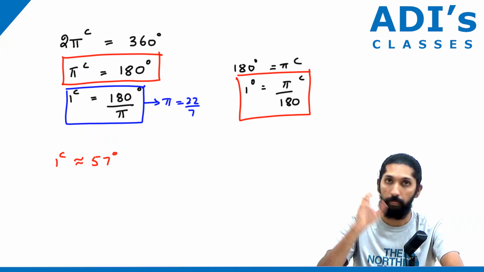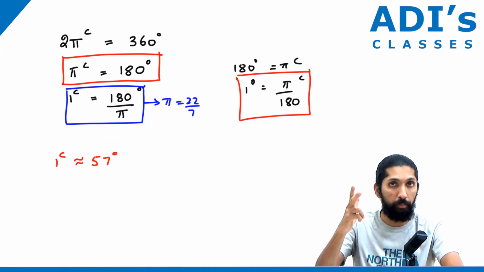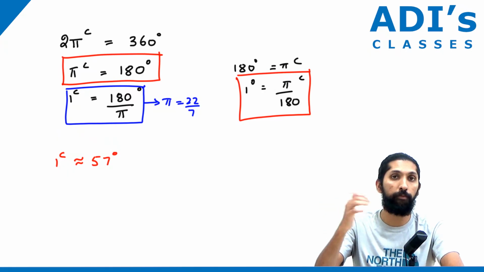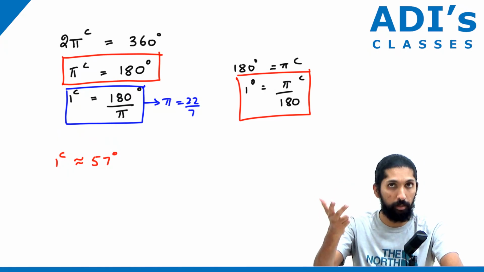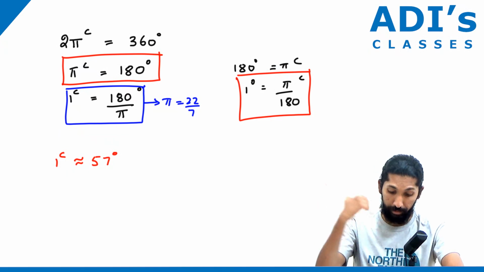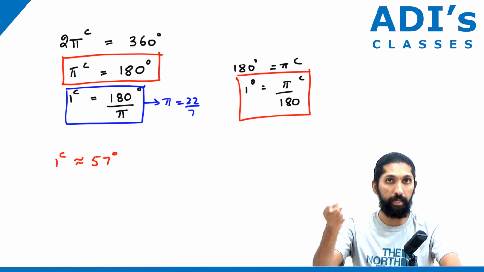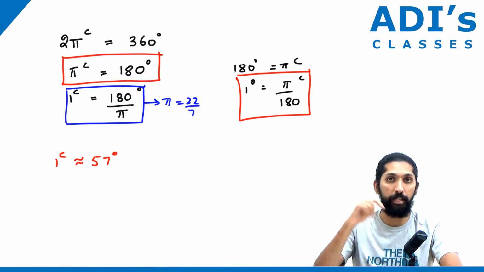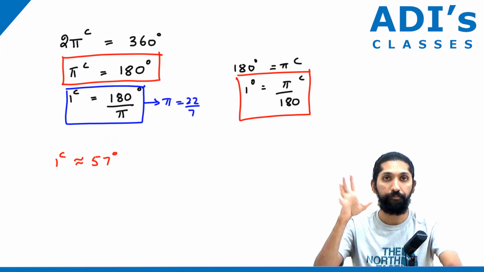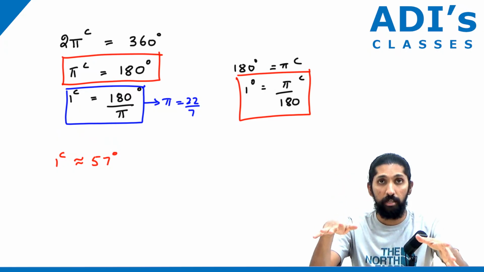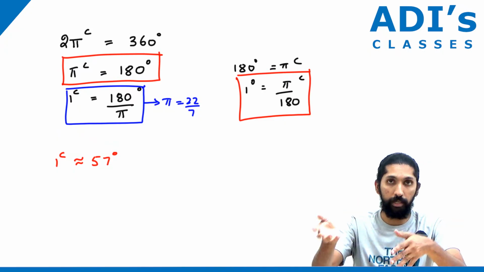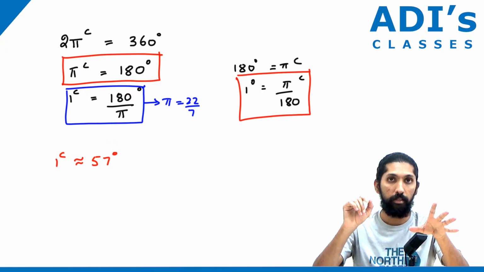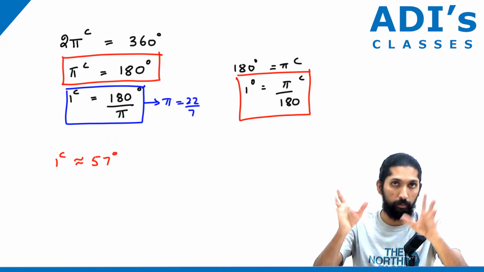Third point is the conversion: 1 radian is 180 by pi degree, and 1 degree is pi by 180 radian. I'm just summarizing what you can take away from this video. Remember, radian can be both positive and negative.